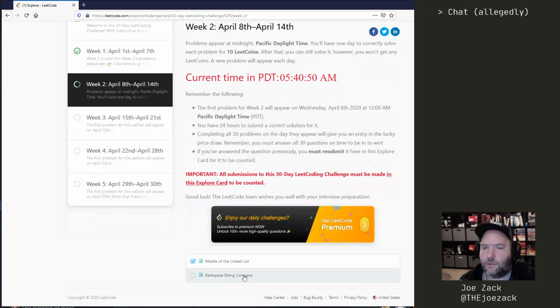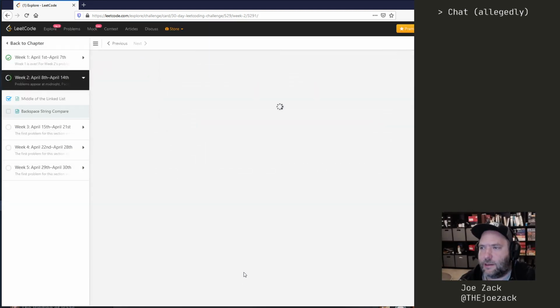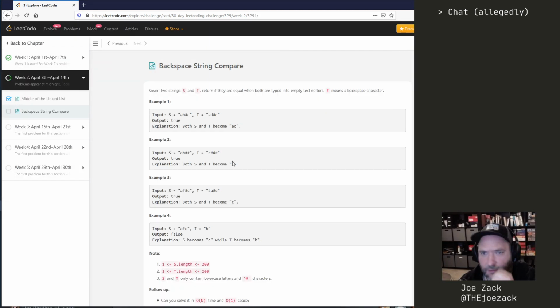All right, this is gonna be the second problem in week 2. We've yet to see anything harder than easy. So let's see. All right, so this problem: given two strings s and t, return if they are equal when both are typed into empty text editors.